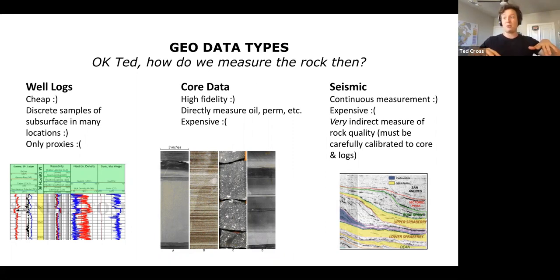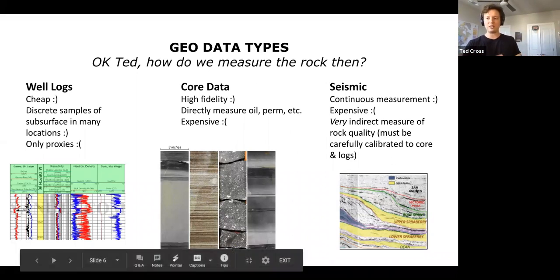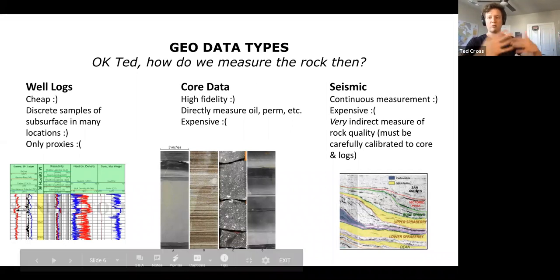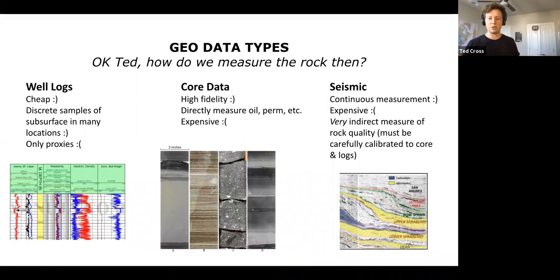They're called vibroseis trucks, and they will vibrate with really big, strong vibrations. Then you have separate microphones that you've stuck into the ground that listen to the reflections of those vibrations off of the subsurface. The advantage of that is that you can get a continuous 3-dimensional picture of what the structure of the rock looks like in the subsurface.